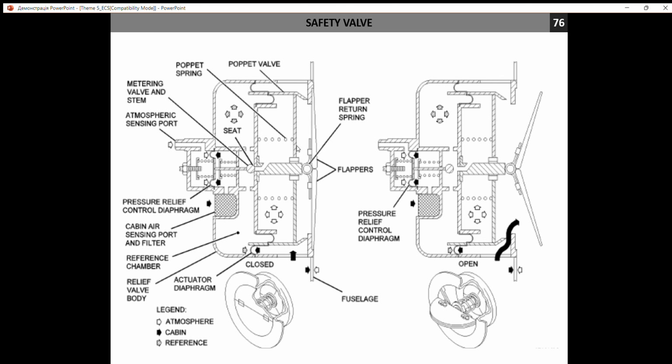Normally it is closed. To determine an abnormal condition, we need to compare atmospheric pressure with cabin pressure, and it is compared on this diaphragm. So atmospheric outboard pressure goes inside from this side and cabin from this side.